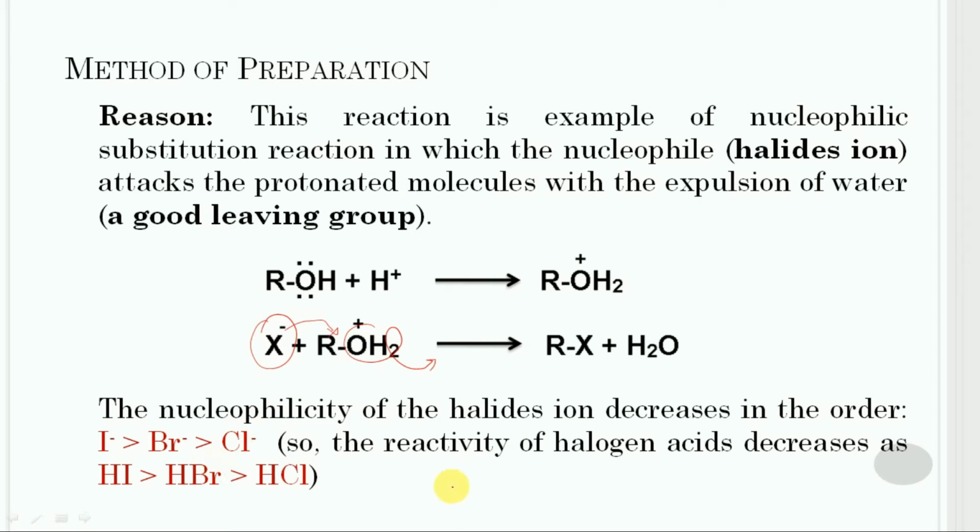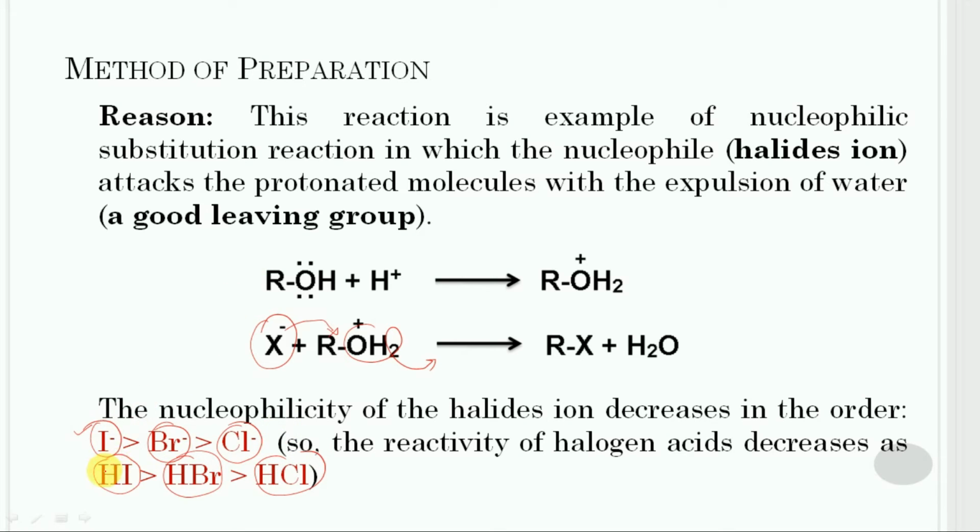Since the nucleophilicity of the halide ion decreases in the order iodide ion, bromide ion and chloride ion, the iodide ion is the strongest nucleophile and chloride the weakest nucleophile. So the reactivity of halogen acids decreases as hydroiodic acid, then hydrobromic acid and hydrochloric acid.